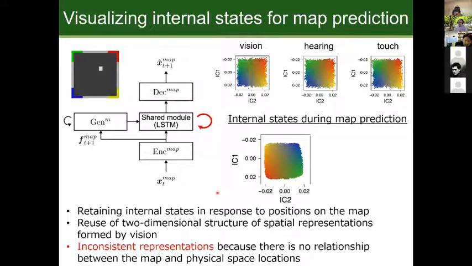Okay, because it's a bit interesting. It's a little bit like the interpretation map that Nathaniel talked about, because now you're interpreting the internal state of this shared module as a kind of vision representation.